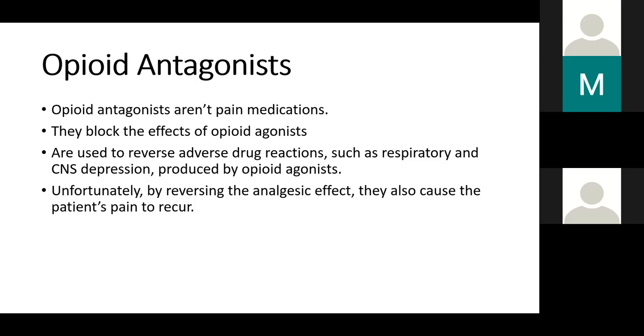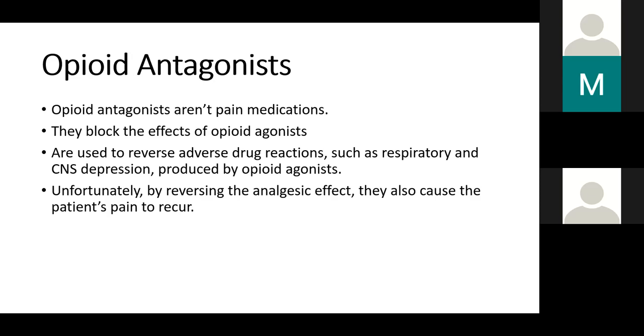So they are used to reverse the drug reactions such as respiratory and CNS depression, which is produced by the opioid agonist. But unfortunately, they also reverse the pain relief. So, for example, if a patient is in severe pain, you put them on morphine or pethidine, and then you realize that the pethidine is producing maybe respiratory depression or CNS depression.